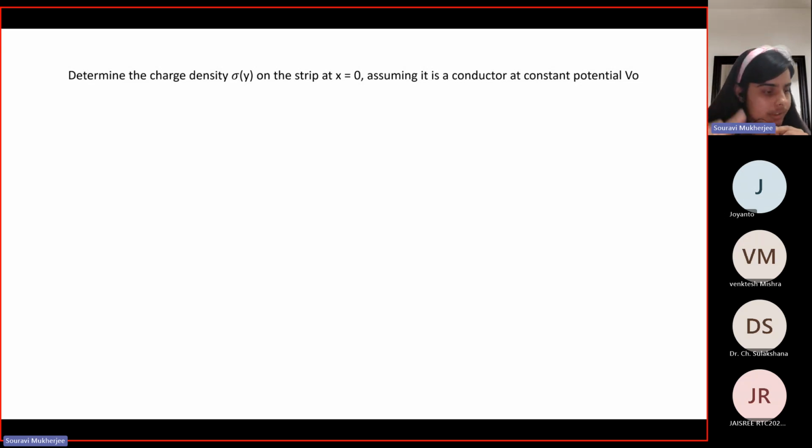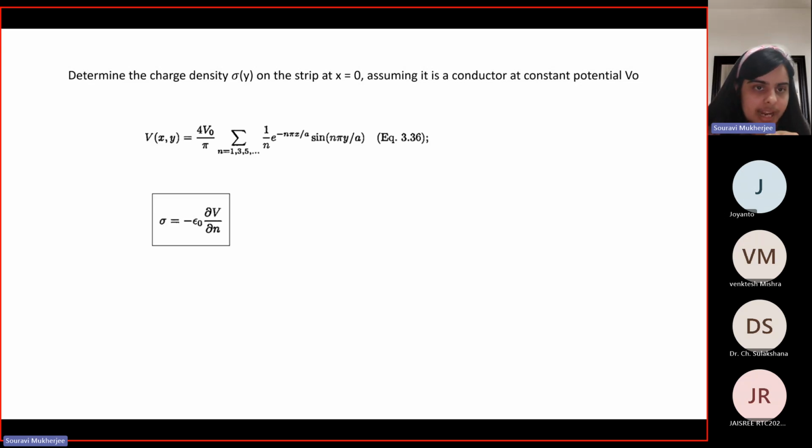Now, how is electric field related to potential? We know that electric field is equal to minus grad V. So this is our potential, which we derived from the last question, and because E is equal to minus grad V, this is the relation that relates the charge density with the potential.